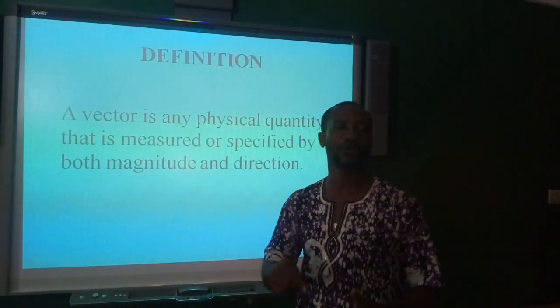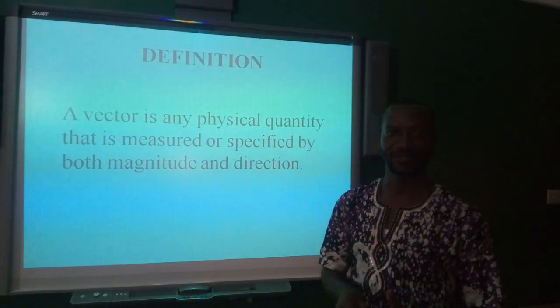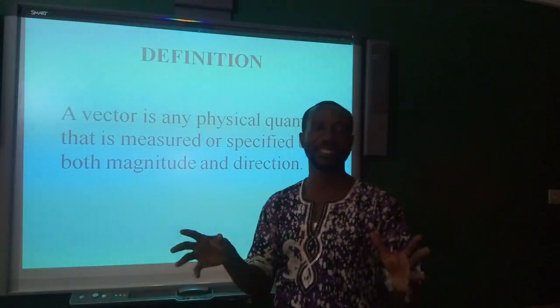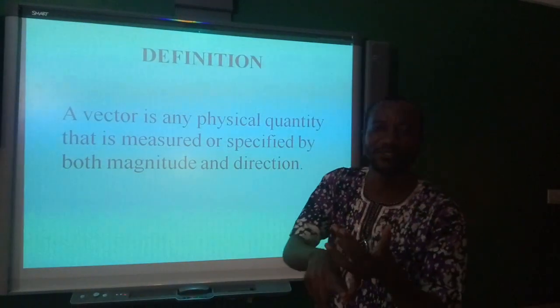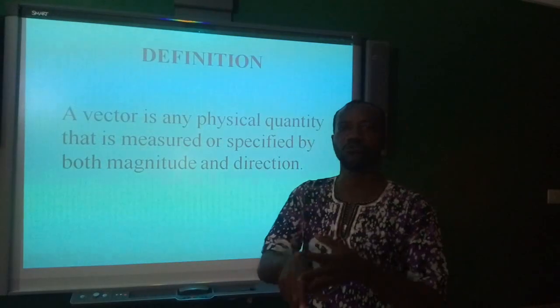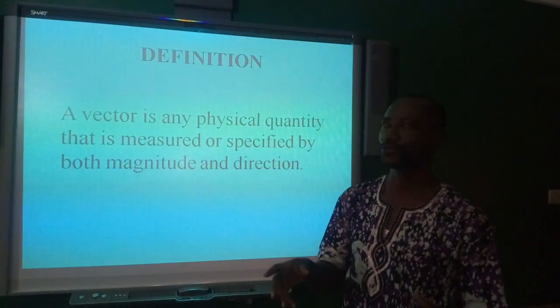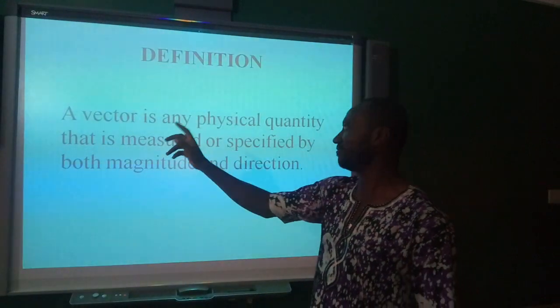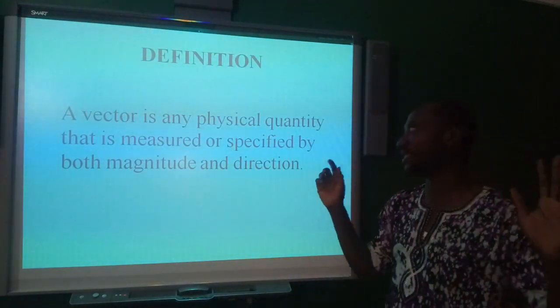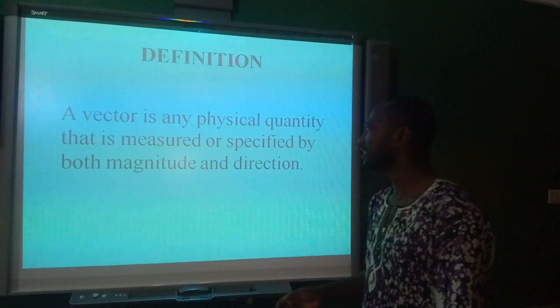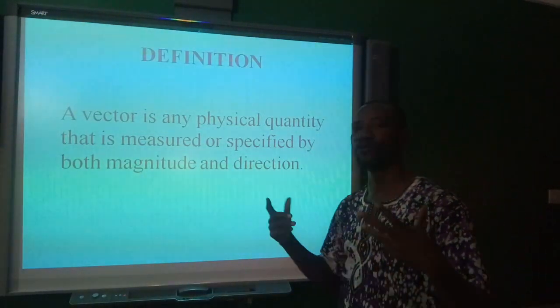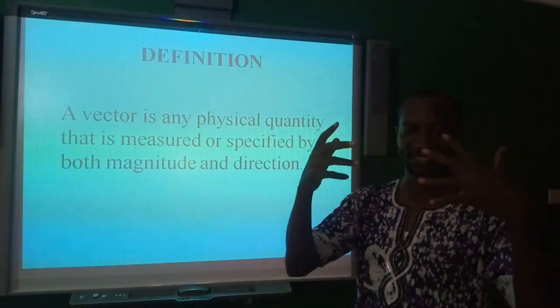The answer has to also include the direction. So those quantities that need the magnitude and also the direction to measure them are called vector quantities. In effect, a vector is any physical quantity that is measured or specified by both magnitude and direction.